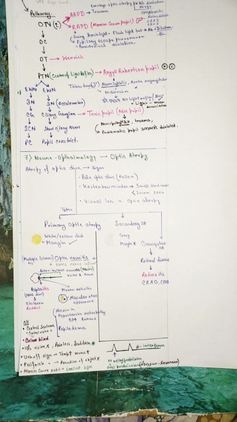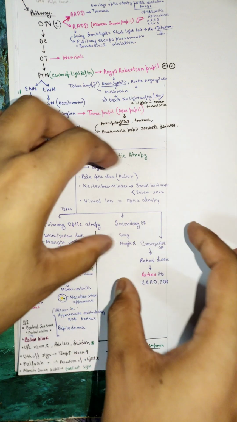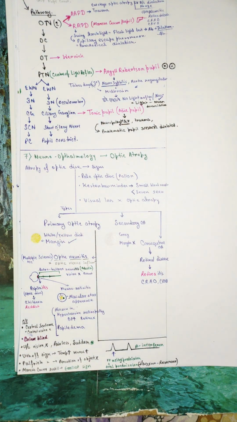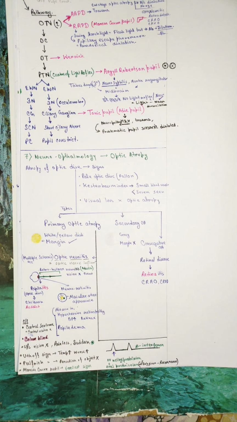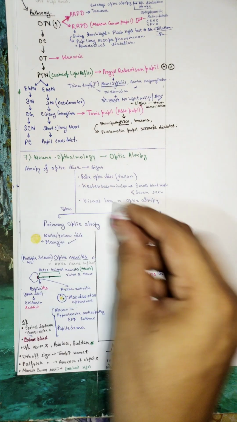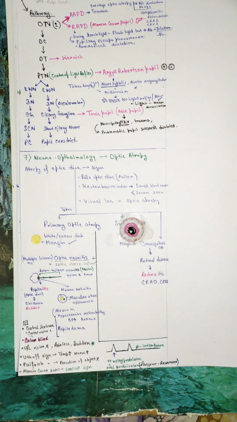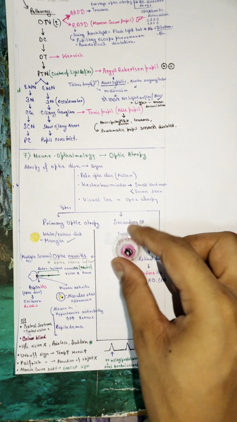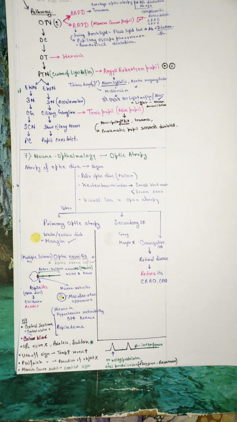How does it help? The IV methylprednisolone and oral prednisolone ultimately give faster recovery. The eye that has turned off will automatically come online once again, but it will take around 4 to 5 weeks.